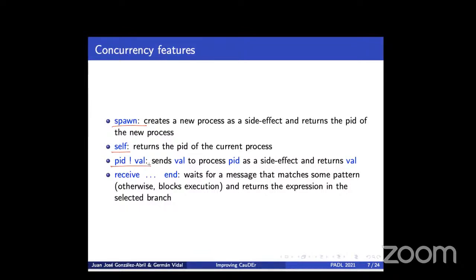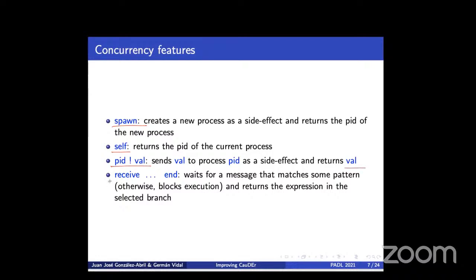The first argument is the PID of the target process, and the second argument is the value, the message that we want to send to this process. This message will eventually be stored in the local mailbox of the target process, and the evaluation of this expression returns the value that we are sending.